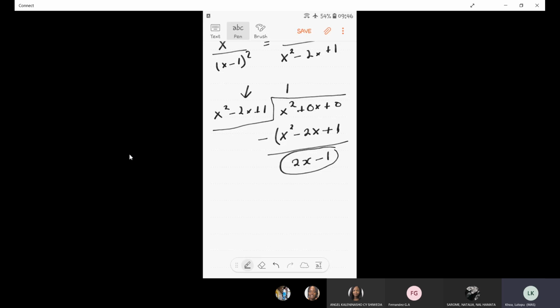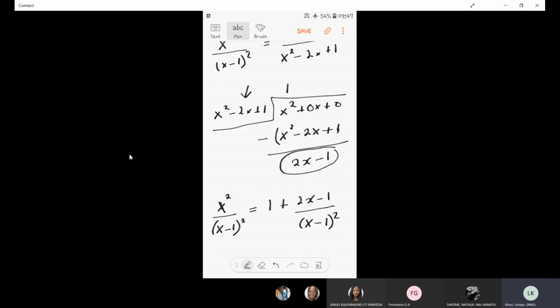So this x squared over x minus 1 squared, this is equal to 1 plus 2x minus 1 over x minus 1 squared.